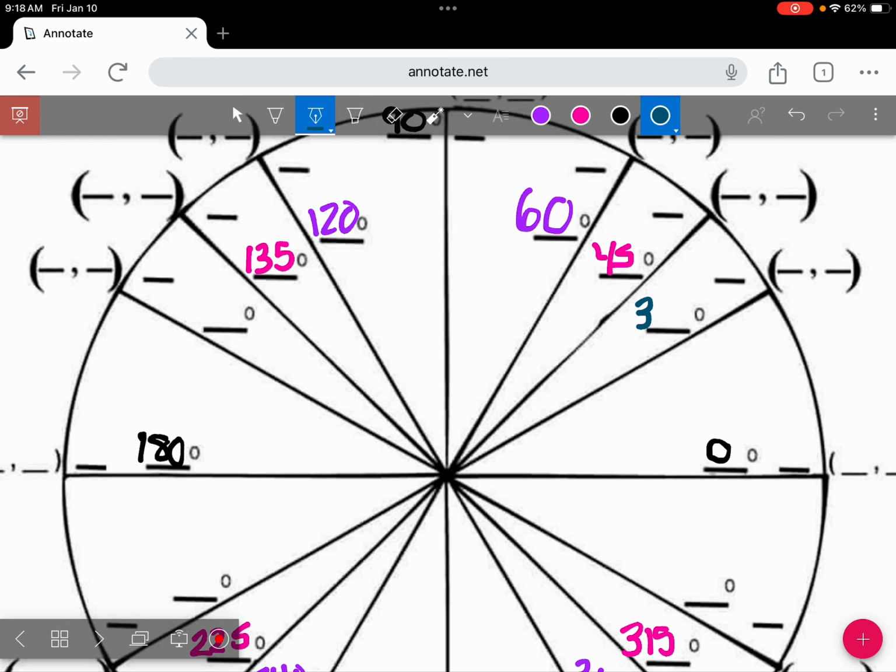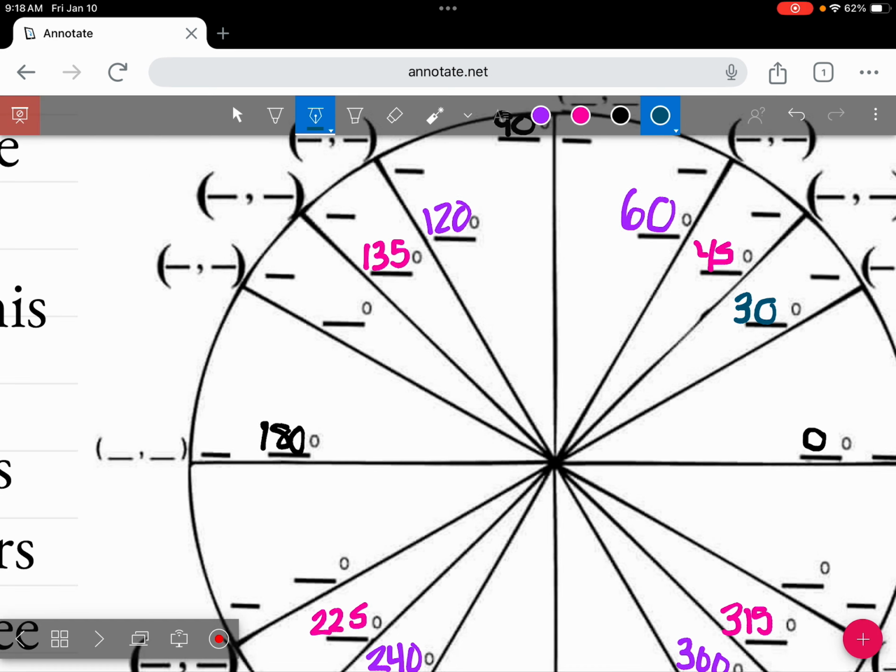So this is going to be 30 degrees. So this is counting up 30. Then we'd get to 60, the next 30. Counting up to 90, there's the next 30. So that's 1/6, 2/6, 3/6, 4/6, 5/6, 150.